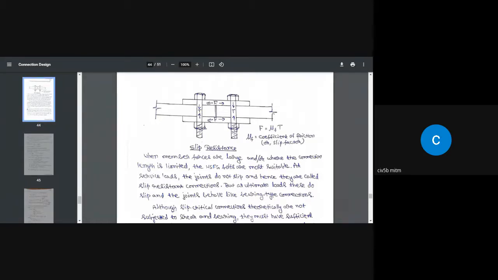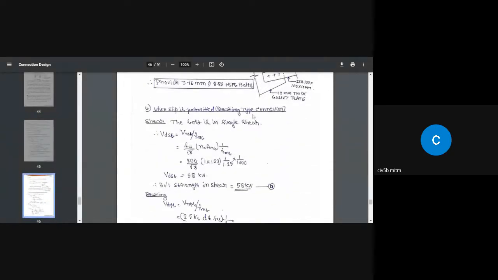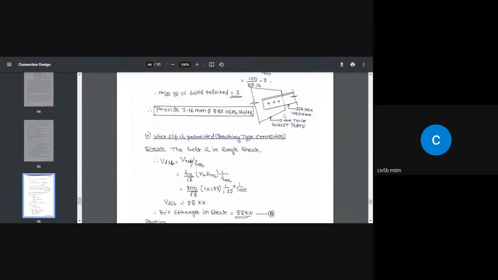In this case, we need to find out the shear strength of the bolt and also the bearing strength of the bolt. So coming back to the problem, when slip is permitted, it becomes a bearing type connection. Considering the shear strength of the bolt, the bolt is in single shear.